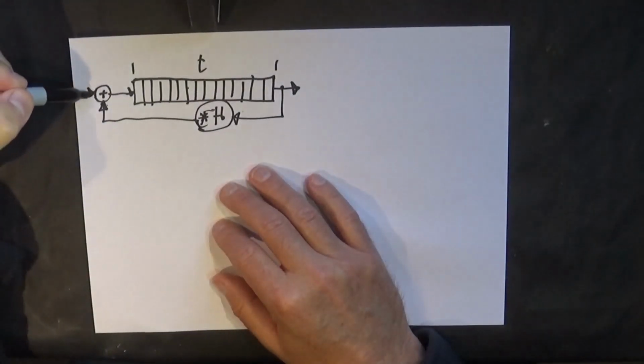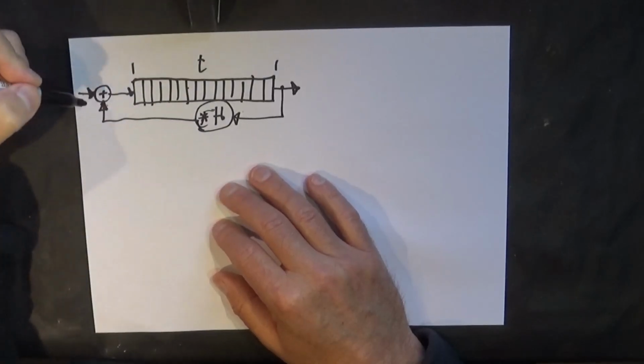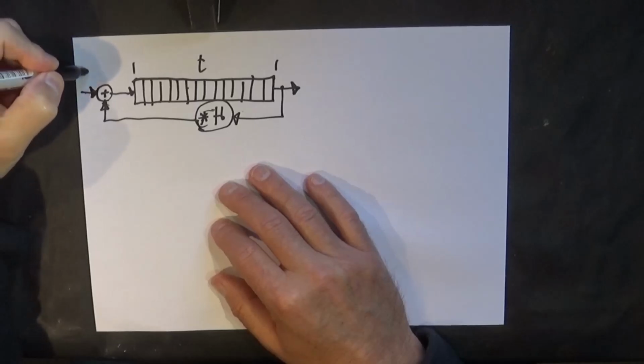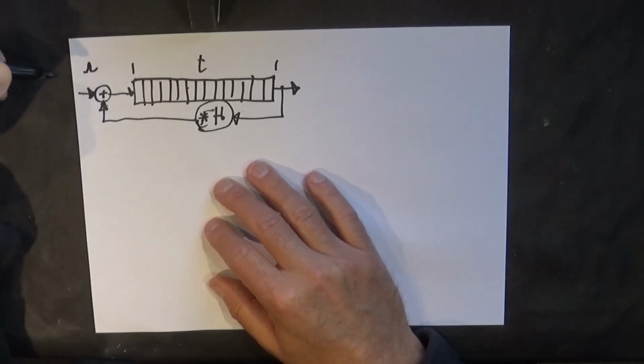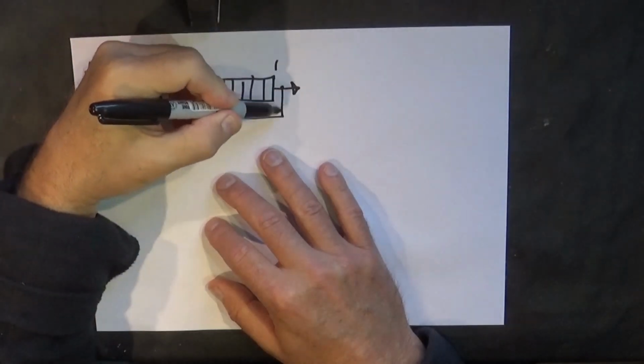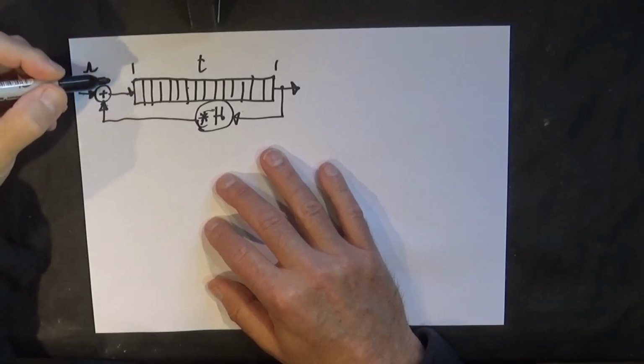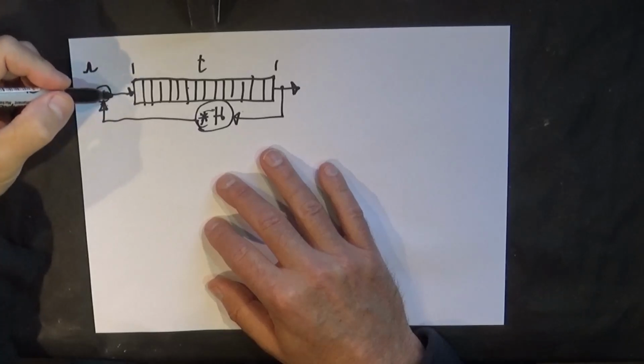So okay, let us say we put one impulse into here, like that. That will go all the way down here, come out here, come back here and go back into the start of the delay line.